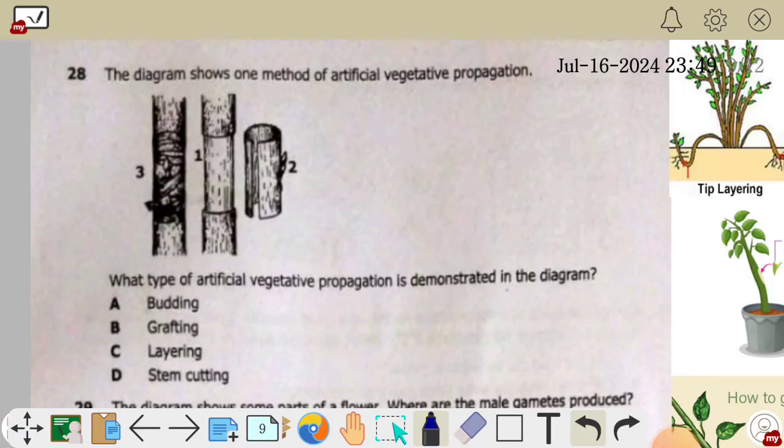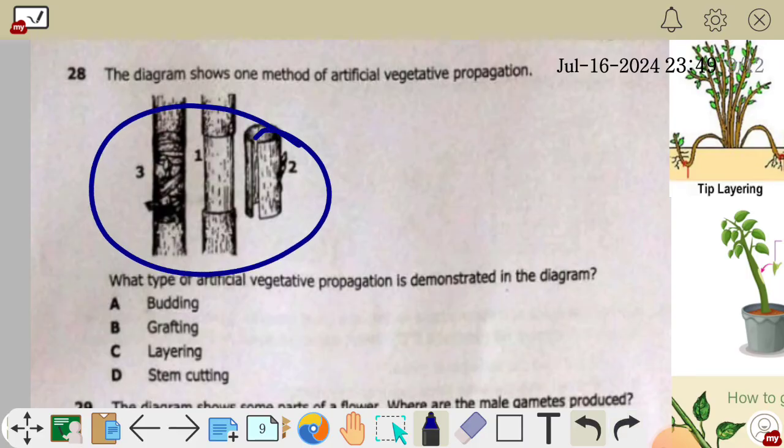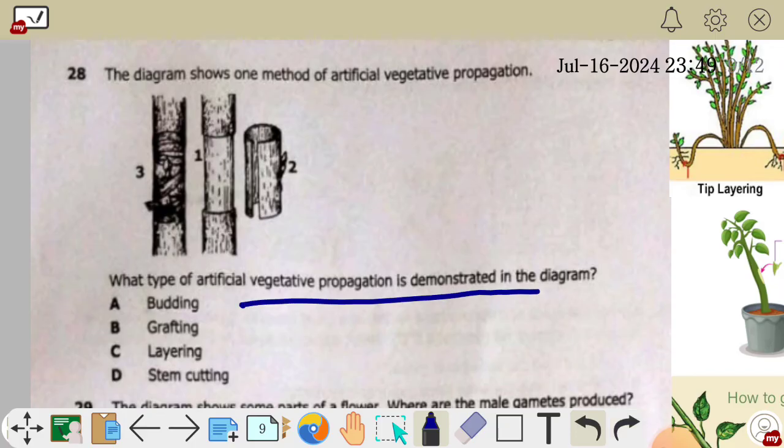Question 28. The diagram shows one method of artificial vegetative propagation. What type of artificial vegetative propagation is demonstrated in the diagram? A, budding, B, grafting, C, layering, D, stem cutting.